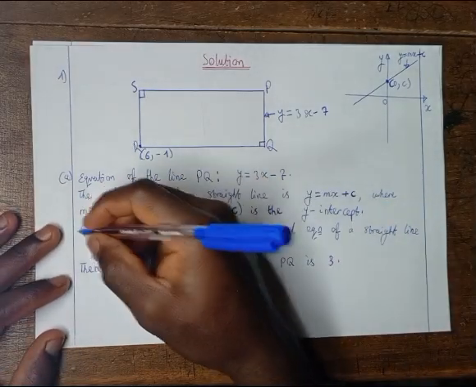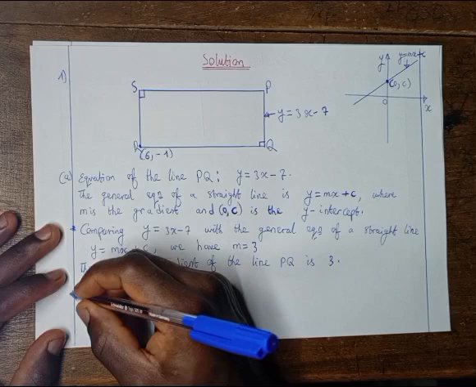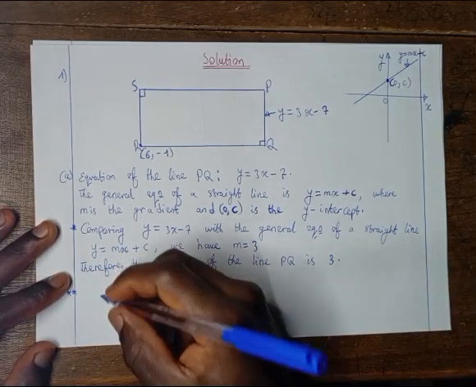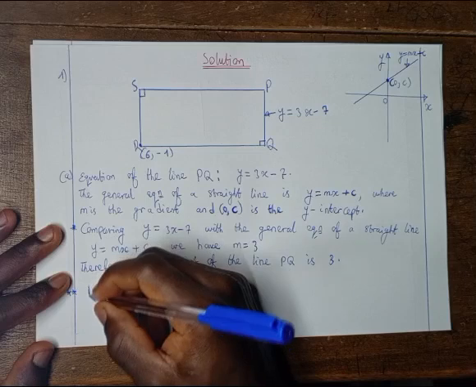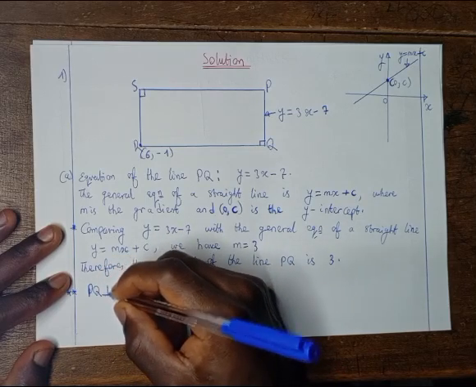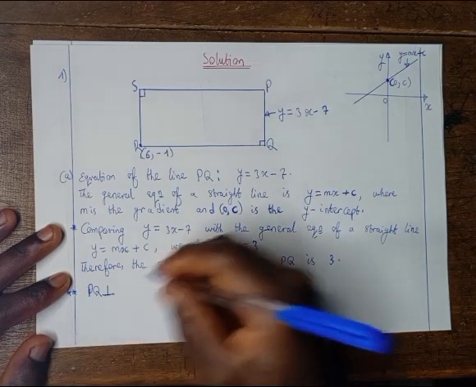Now, let me just put a star here. We know the line PQ is perpendicular to QR. This symbol stands for perpendicular. That means they meet at an angle of 90 degrees.